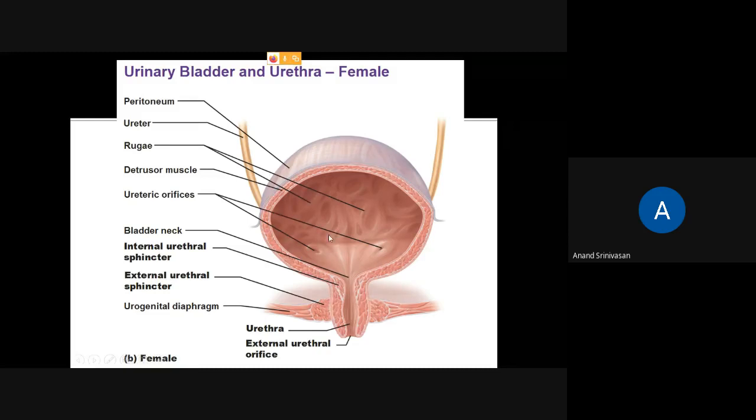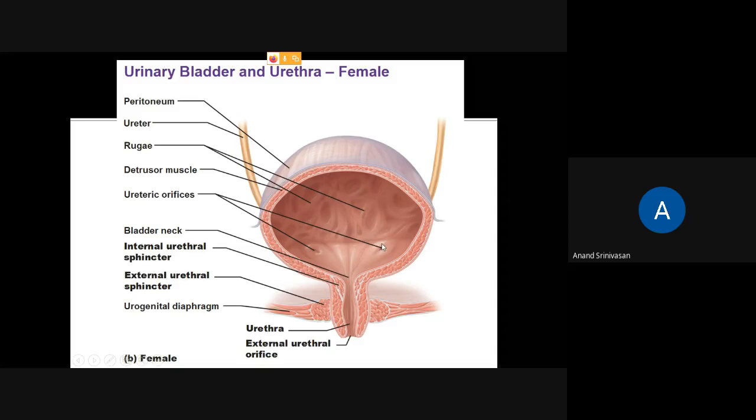So here you can see the urinary bladder. Most of the surface of the urinary bladder is rough, except for this small part in the posterior surface, which is triangular in shape. This is called the trigone of the urinary bladder.